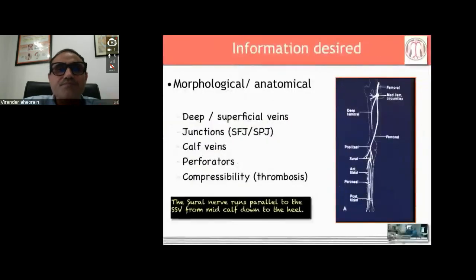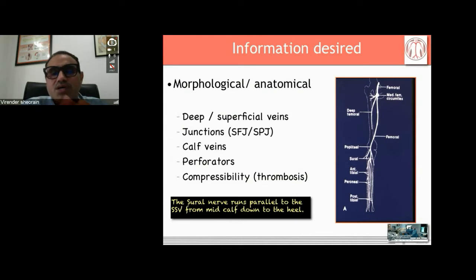duplex scan. So again, this slide shows you what is the information desired from a sonologist when they are looking for varicose veins. So basically, deep vein status, superficial vein status, rule out any deep vein thrombosis.